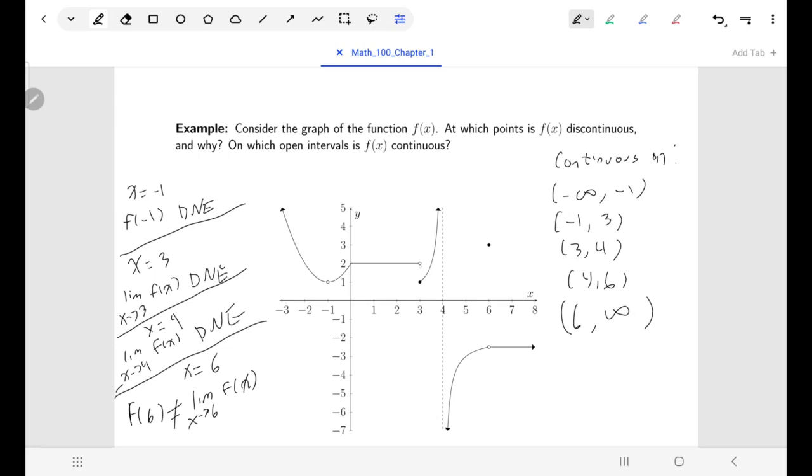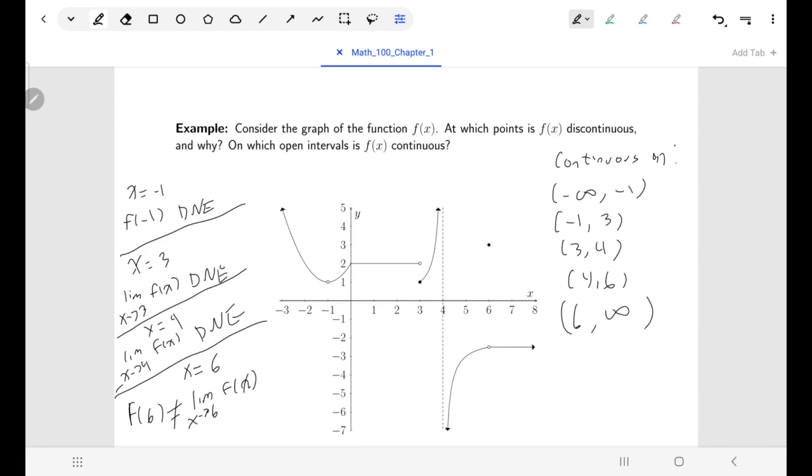There's no way that I can fix the break in this function. Same thing with what's going on at x equals 4. Even if I were to define any single value at x equals 4, that won't change the fact that the graph is diverging to positive and negative infinity on the left and the right side.